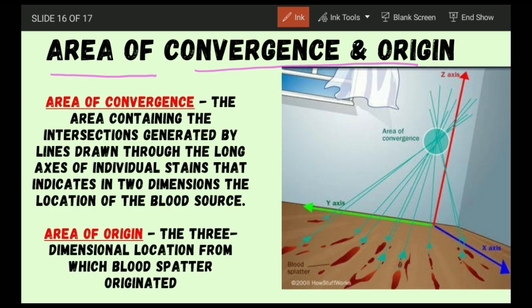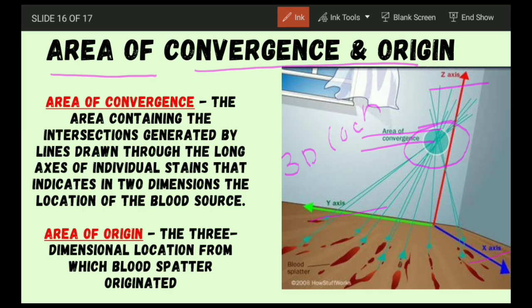Then the area of convergence, this is done at the crime scene. This is the area of origin, from where the 3D location from which the blood spatter originated could be guessed. Look, this is the x-axis, y-axis, z-axis, and this is the area of origin.